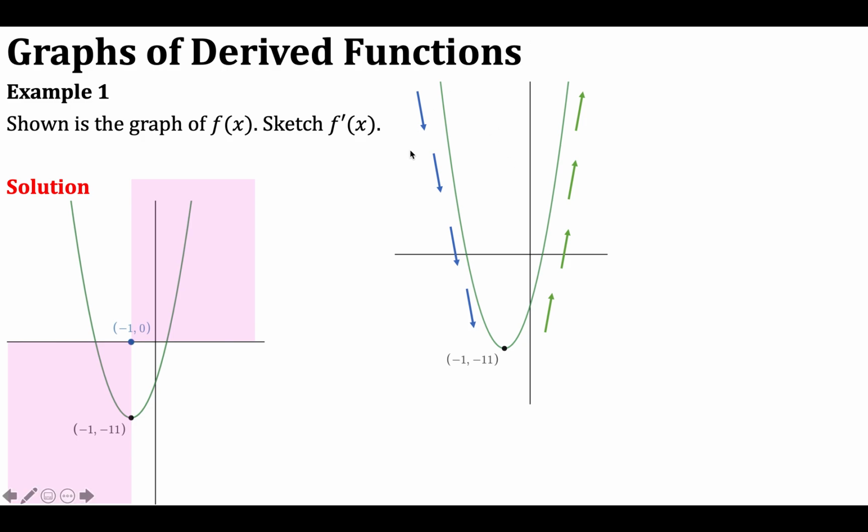You can see firstly that on the graph of f of x we have a quadratic. We have one turning point, which means in the graph of the derivative we're going to have no turning points. We're actually going to have a straight line. The straight line is going to come through this area and then through this area here.